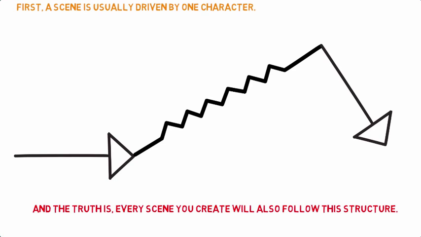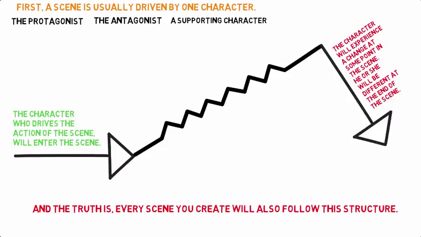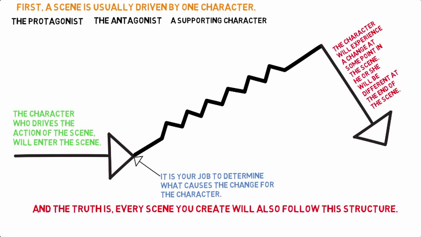First, a scene is usually driven by one character. The protagonist drives it, the antagonist drives it, or sometimes a supporting character drives that particular scene. The character who drives the action of the scene will enter the scene. And the character will experience a change at some point in the scene. He or she will be different at the end of the scene, and it's your job to determine what causes the change for that character in that scene.